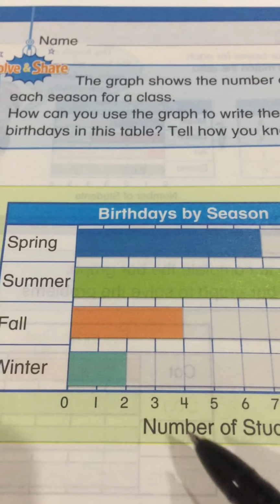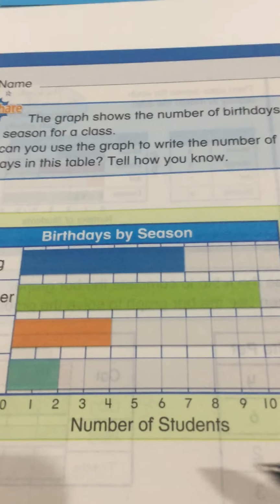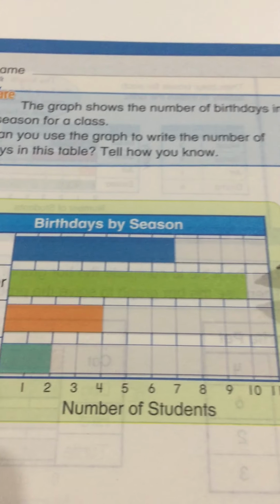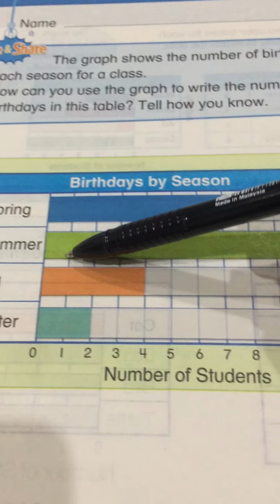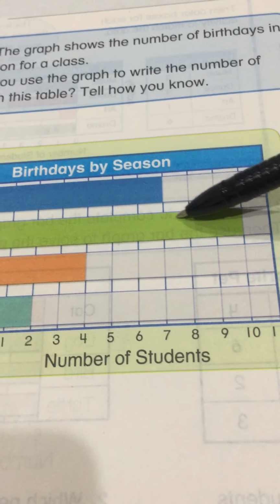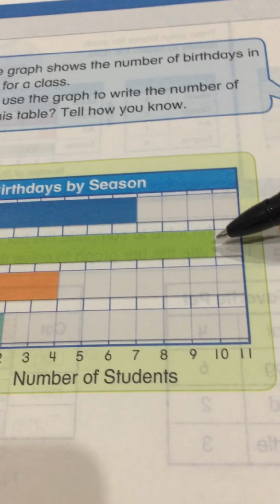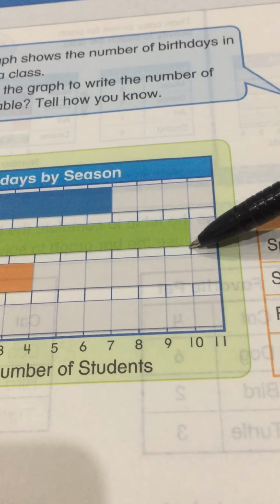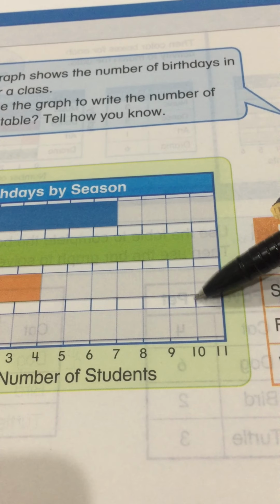Then let's go find the summer. The summer has lots of fun and there are lots of people having a birthday in summer. So let's see how many. The summer is the green one, and let's see where this one is ending. So the light green is ending at, go down and see, the number 10.